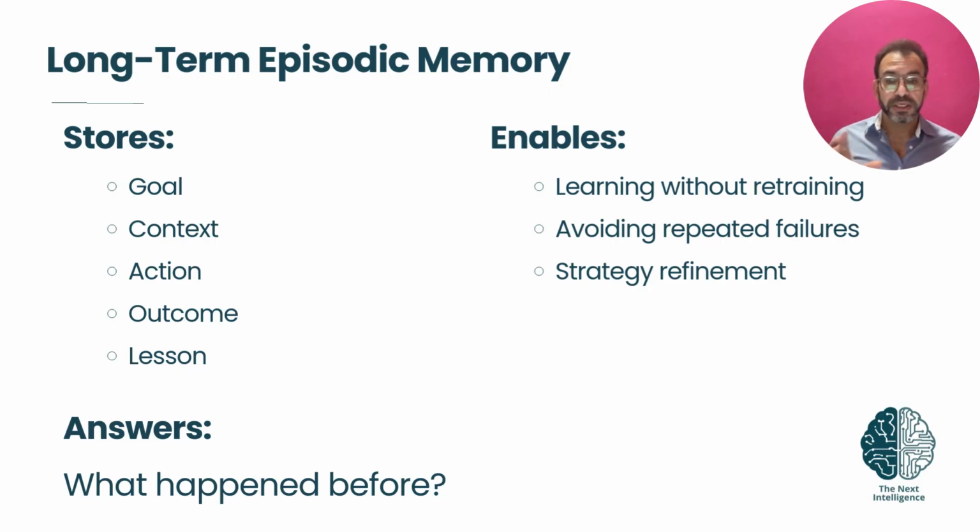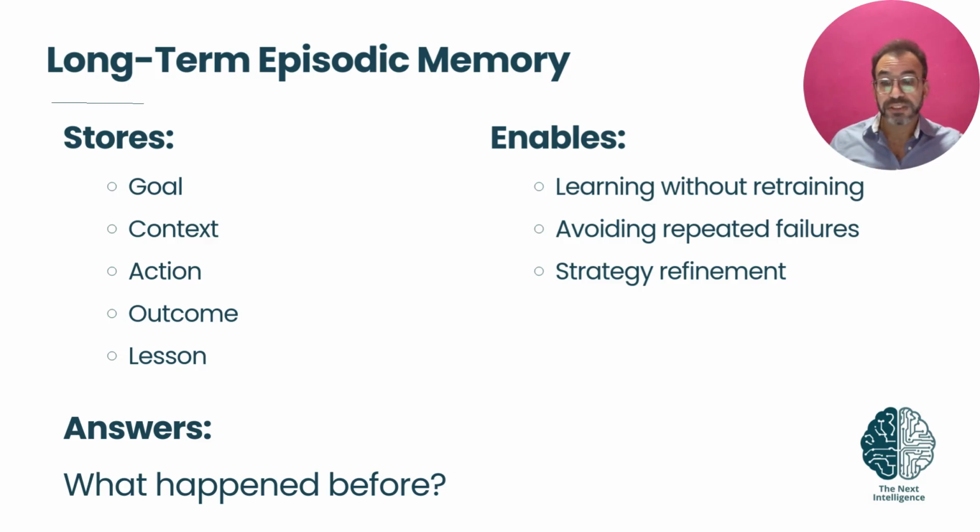Episodic memory is how the agent improves without retraining weights, unlike reinforcement learning. So instead of gradient descent, they perform text-based consolidation.